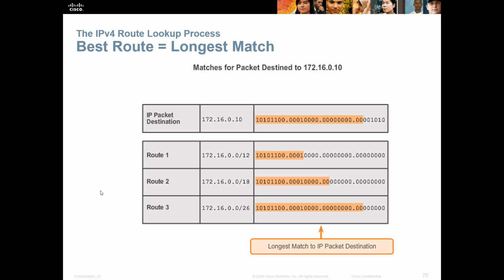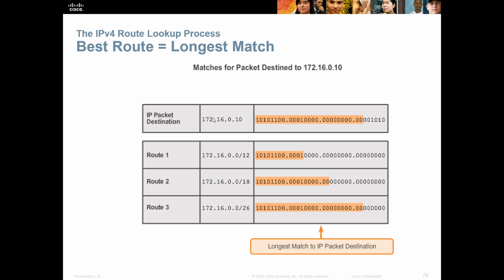Here we have the IP destination, 172.16.0.10. It will look through the appropriate routes, route 1, route 2, and route 3, and it will use the longest match to send it.